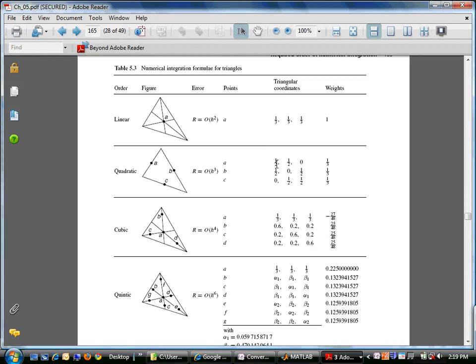You have these triangular or area coordinates, L1, L2, L3, and you can see that once you calculate your integrand at this point, you can integrate anything that has quadratic order. So if you can see this.